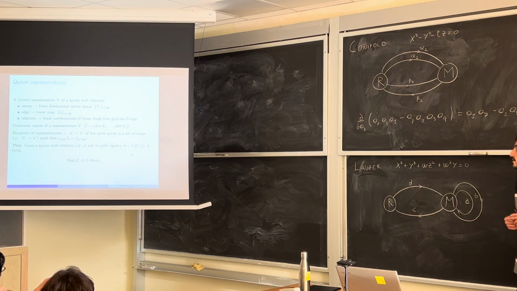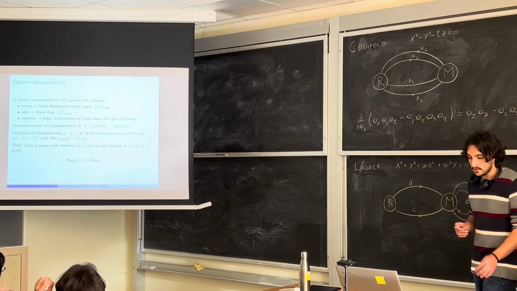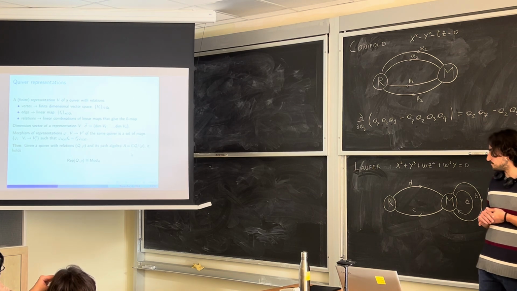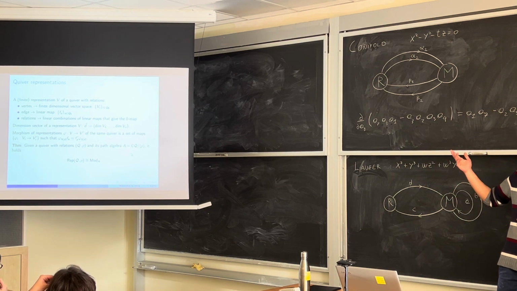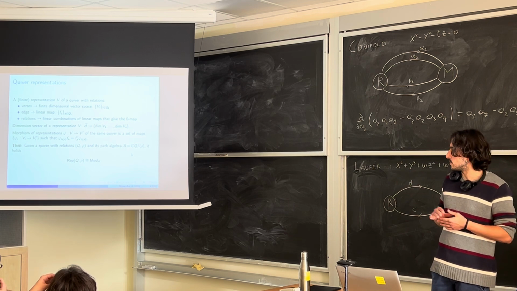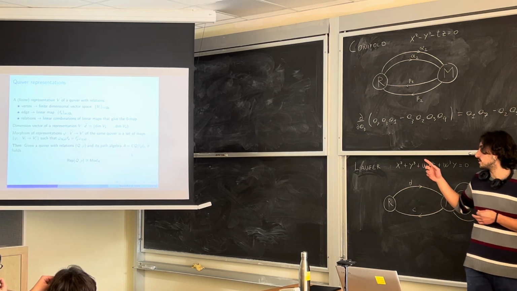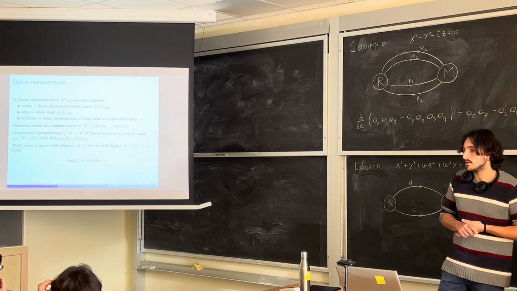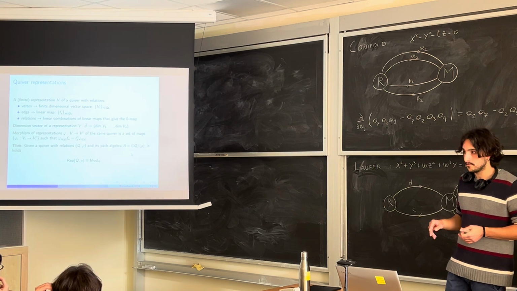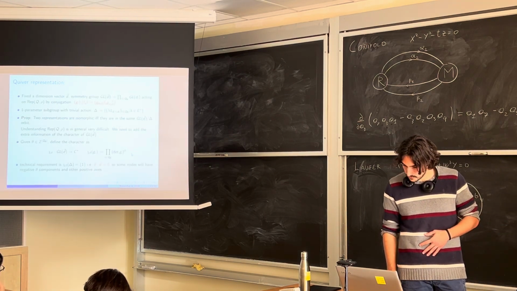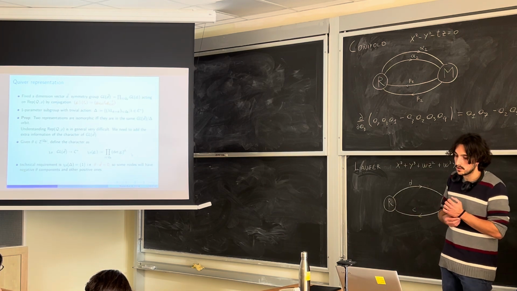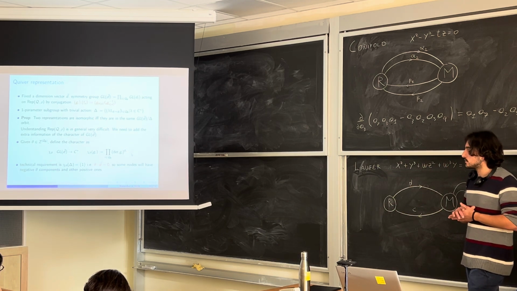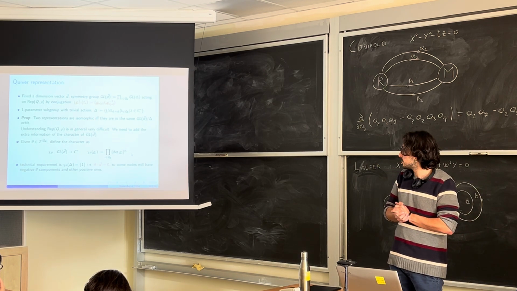And a result in quiver representation that I reported here is that, given a quiver with relations and A its path algebra, we have an equivalence between the category of representations of the quiver and the modules over its path algebra A. Okay, here I introduced this factor to arrive at some stability condition that will be used later.